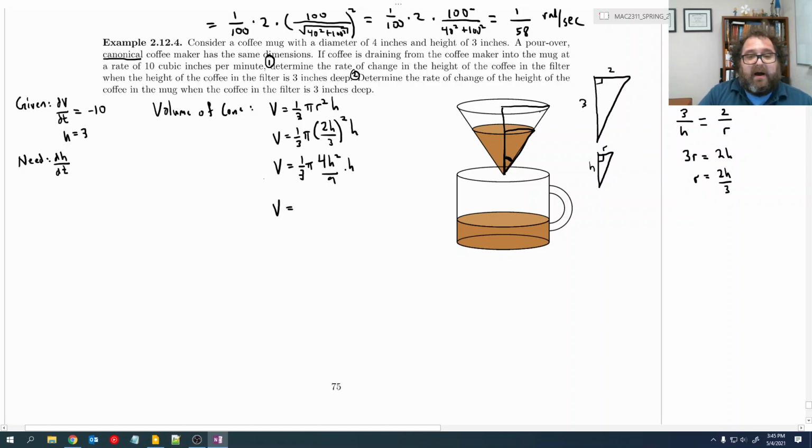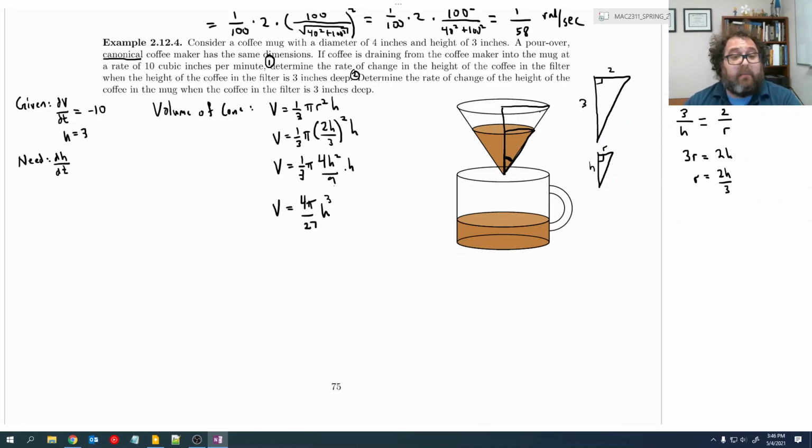We have 4 pi on the top, and on the denominator, 3 times 9 is 27 times h cubed. If I could ever write a 3 well, that'd be nice. I have the hardest time with 3s like this. Okay, 4 pi over 27 times h cubed. Now I have my volume equation in terms of h.